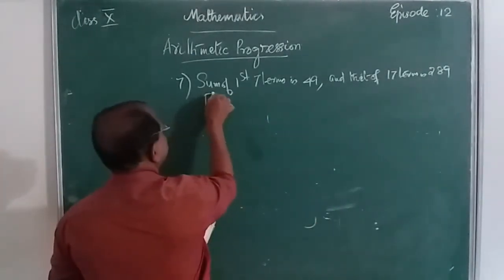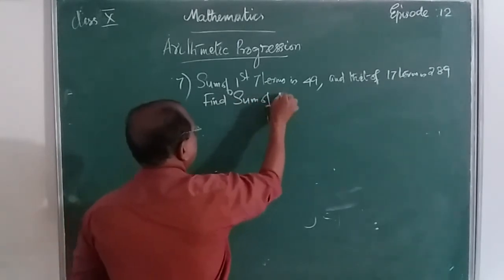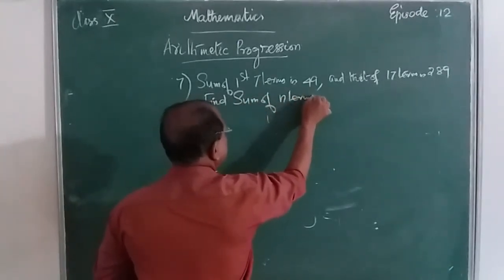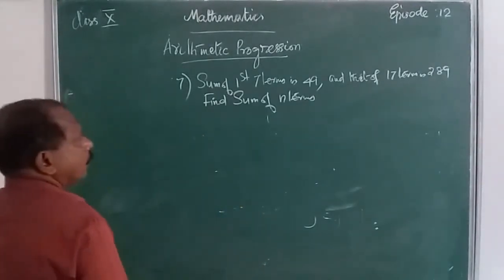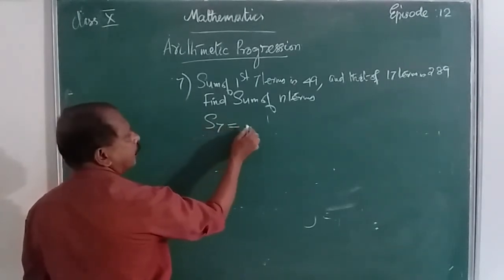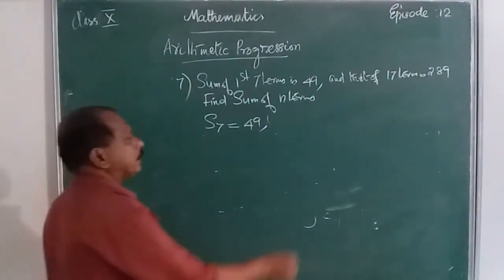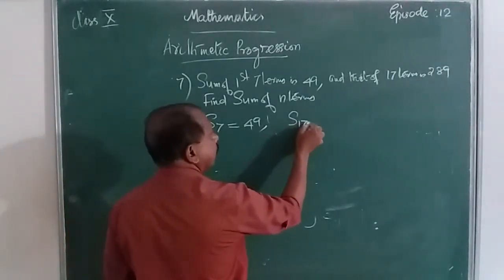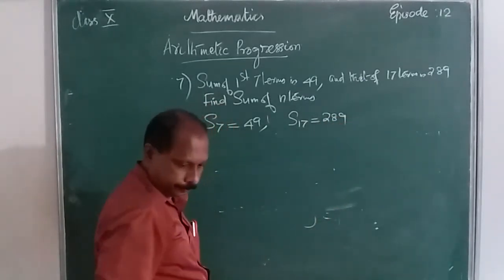Find the sum of n terms. That means S7 is equal to 49 and S17 is equal to 289.